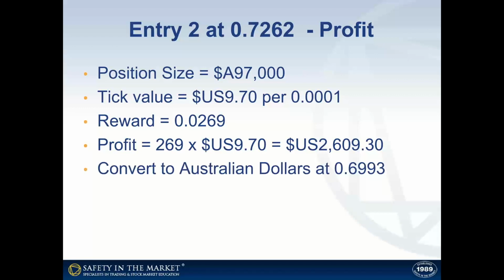So the profit, 269 points times US $9.70 equals US $2,609.30. Now, when this profit was made, the conversion rate or the exchange rate was 0.6993. That's where we took profits. So convert that US dollar figure of $2,609.30 back into Australian dollars using the exchange rate of 0.6993.